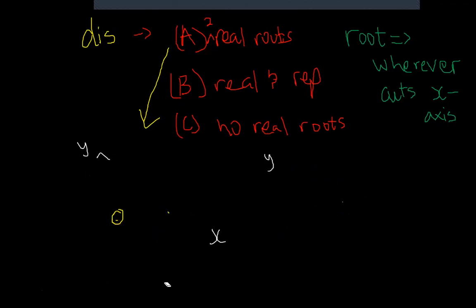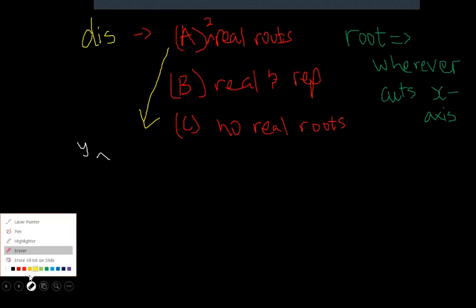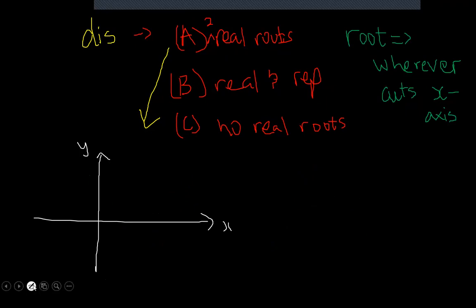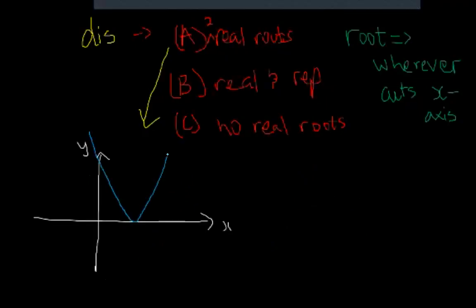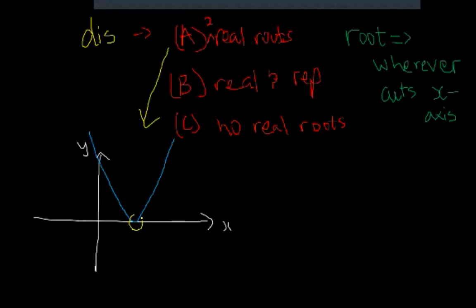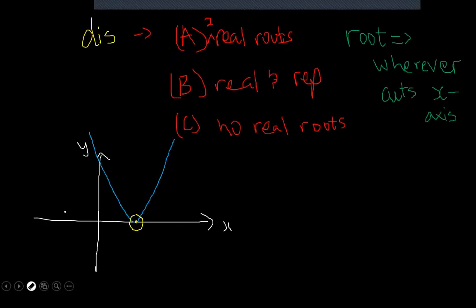A quadratic graph might also have real and repeated roots. This is what it looks like. Y-axis, x-axis. I'll draw a minimum graph right here. You could see that it only touches the x-axis once. That's what real and repeated roots look like. We did this already, so I won't go into detail.